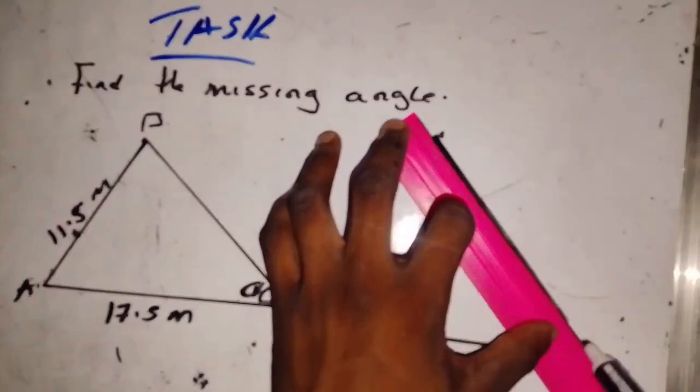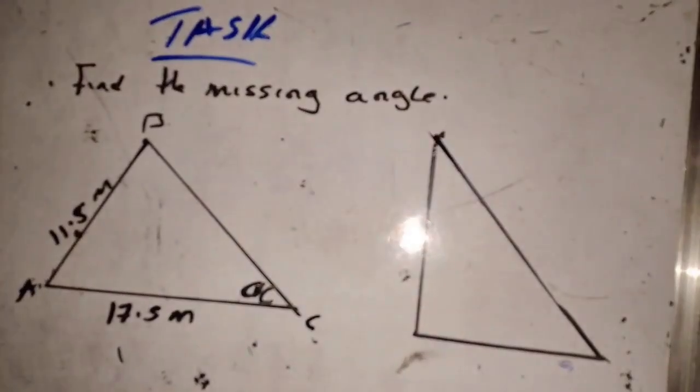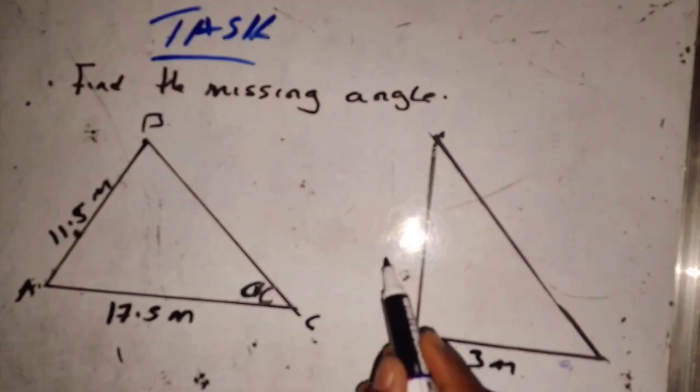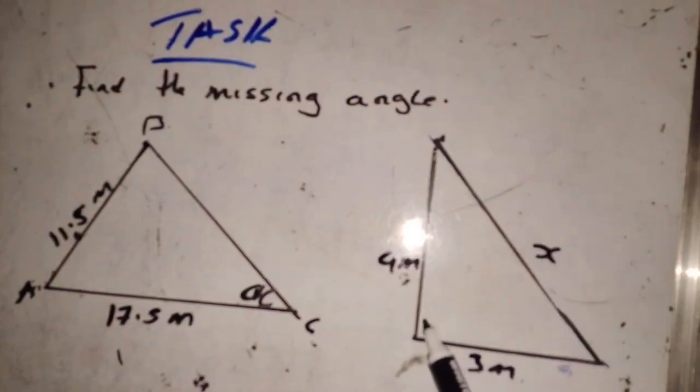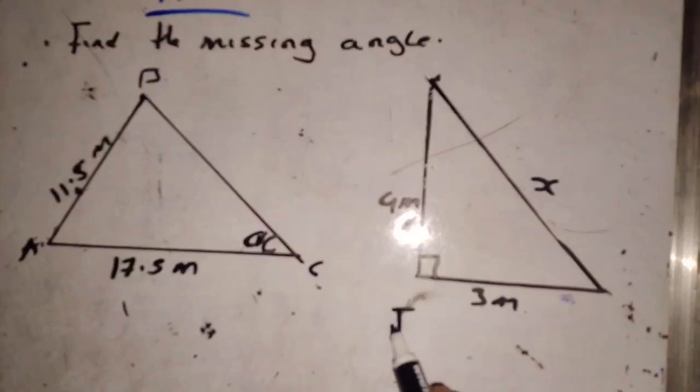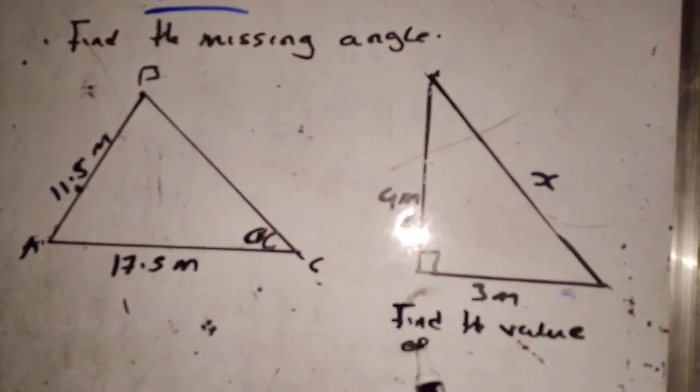Here we have 3 meters, here we have 4 meters, and here we have x. On this part you find the missing side, and on this part, which is 2, you find the value of x. So find the value of x. This is our task.